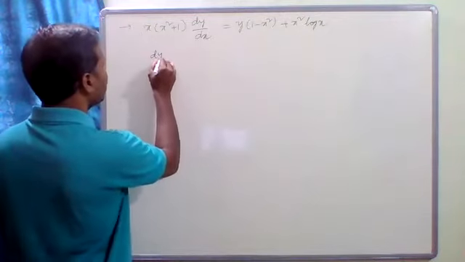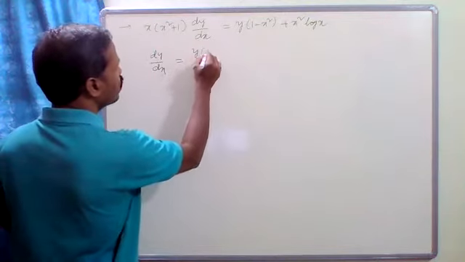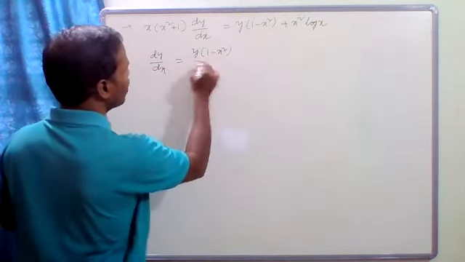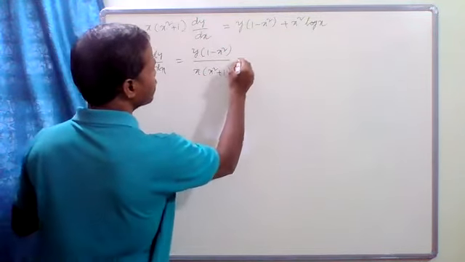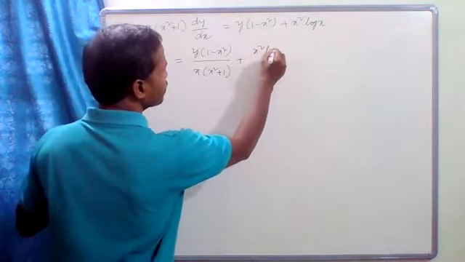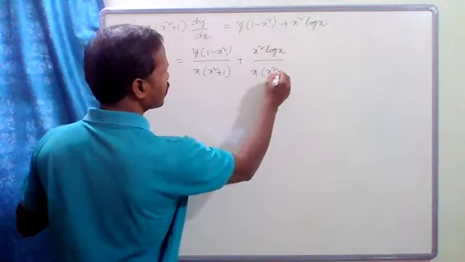So dy by dx equal to y into (1 minus x square) by x into (x square plus 1) plus x square log x by x into (x square plus 1).